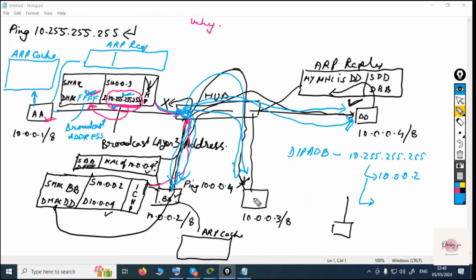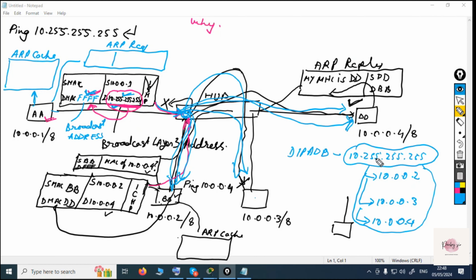This second PC will say, I am 10.0.0.3 and I am also part of this group. This data is meant for me also. And this PC will also say that I am 10.0.0.4 and I am also part of this broadcast address. We are all part of this broadcast address. So this is meant for me. All these PCs will reply back. Getting it?